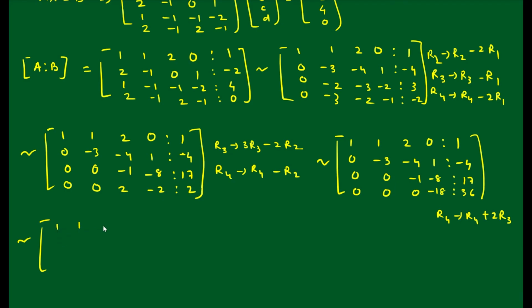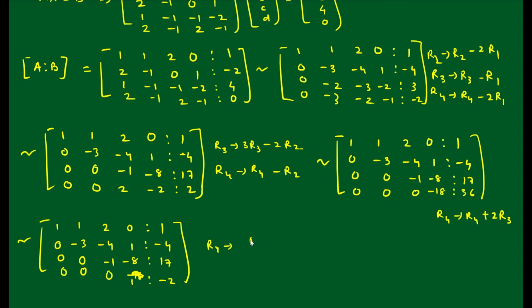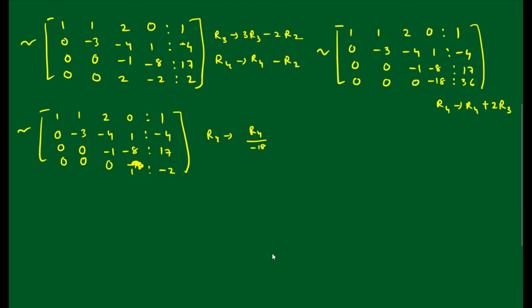So 1 1 2 0 and then 1, 0 minus 3 minus 4 1 and then minus 4, then 0 0 minus 1 minus 8 and then 17. And the last row will be 0 0 0, minus 18, sorry, this will become 1, and the last element will be minus 2. So what we did here: R4 goes to R4 divided by minus 18. Okay, R4 divided by minus 18.